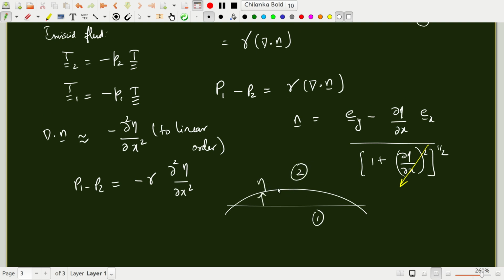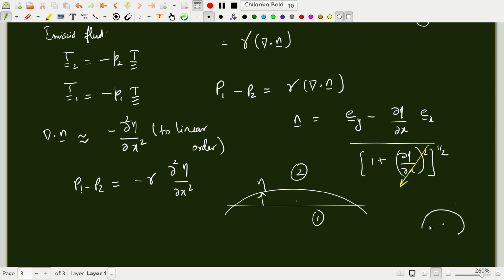When eta is a maximum, the second derivative of eta is negative, negative of negative is positive. So when the interface is bent like this, the pressure here P1 is more than the pressure here P2, and that is in agreement with what surface tension does. Whenever there is a curving in on the concave side, the pressure is more than the convex side. This is the basic idea of surface tension.